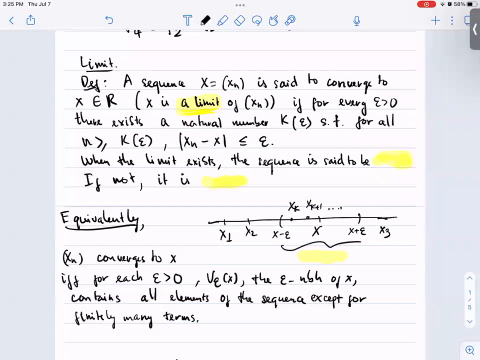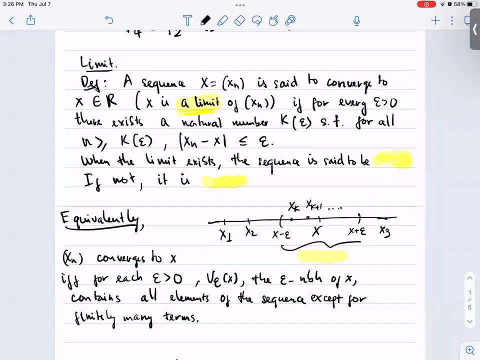That is, eventually every element in this sequence will be within epsilon distance from this number x for any epsilon greater than 0.